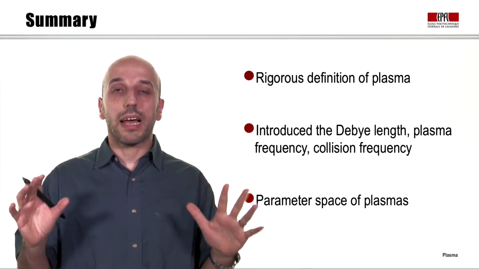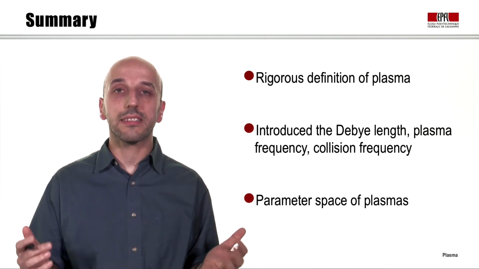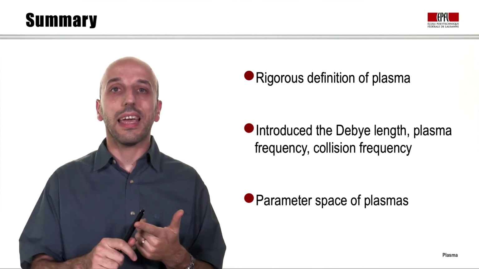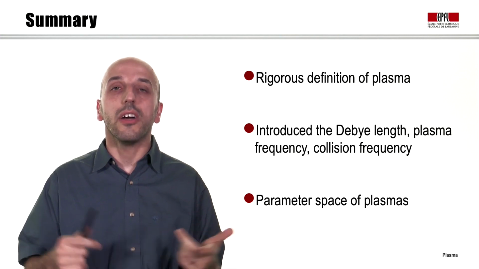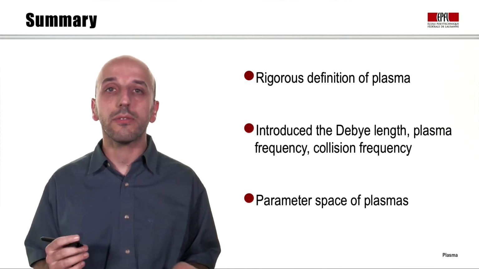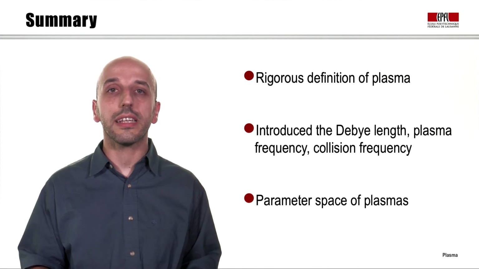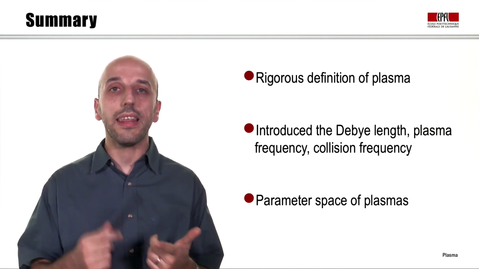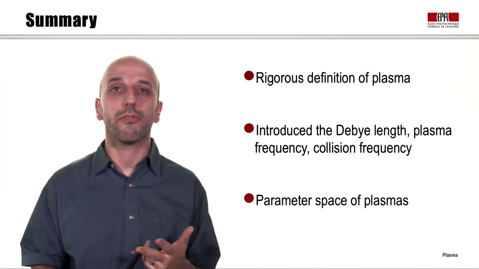The goal of the present lecture was to give a rigorous definition of a plasma. We have said that a plasma is an ionized gas which is globally neutral and that displays collective effects. What does it mean? Well, to answer this question, we have introduced three definitions: the Debye length, plasma frequency, and collision frequency.